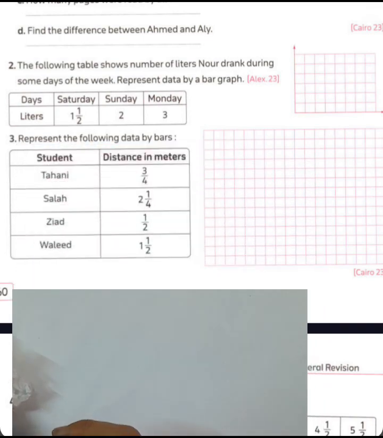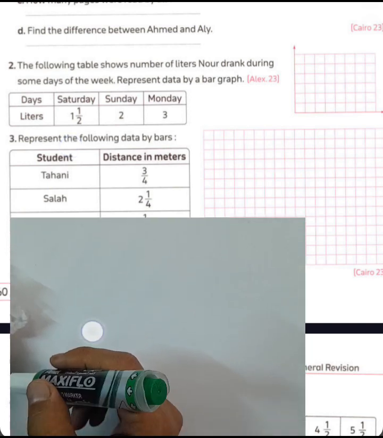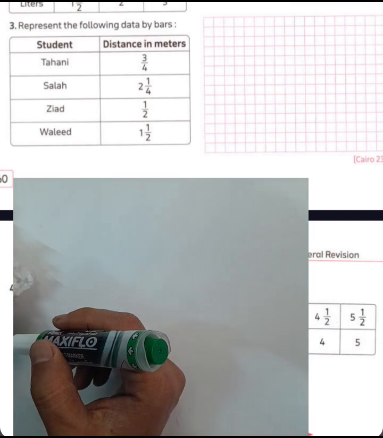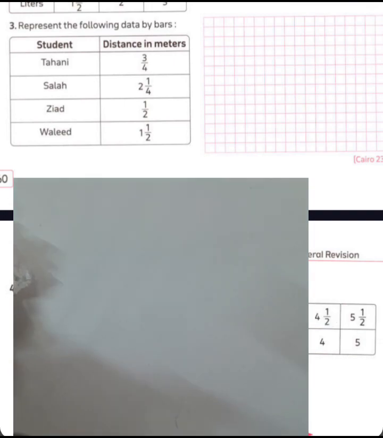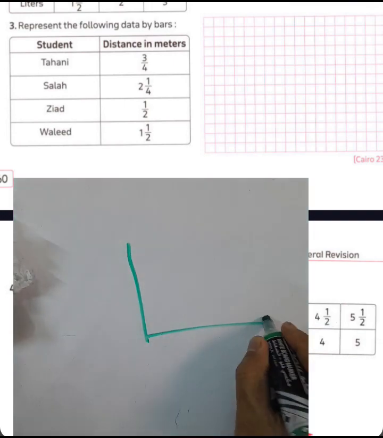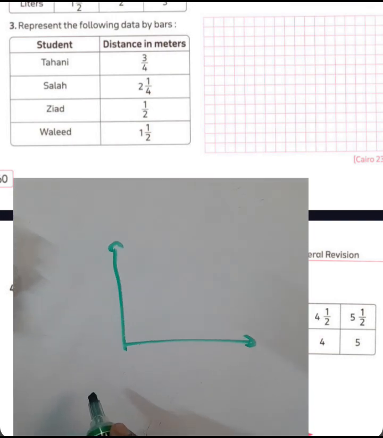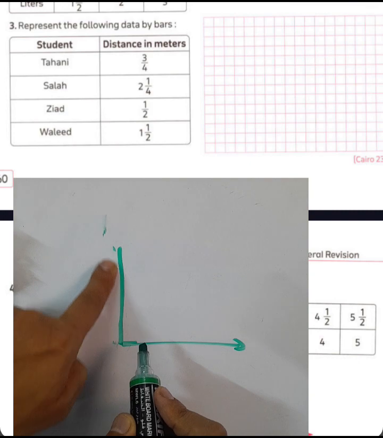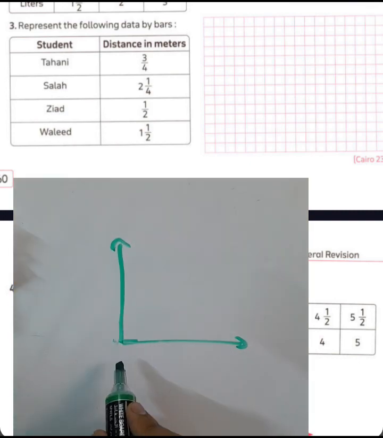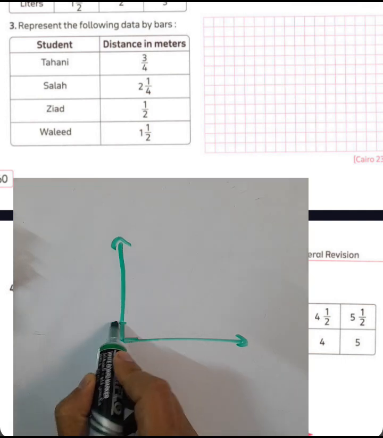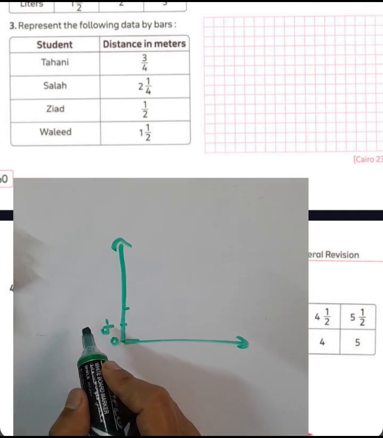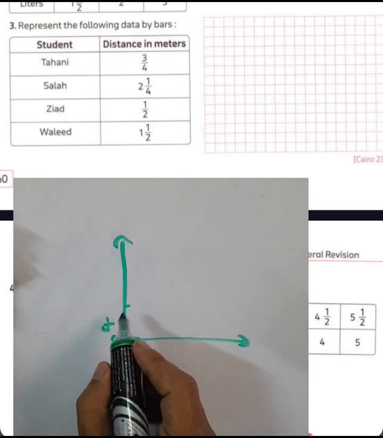Question number 3, represent data. We can represent the data here. You can draw it, it's very easy for you. We draw horizontal and vertical lines. And write 0, 1/4, each fourth, to get the result.